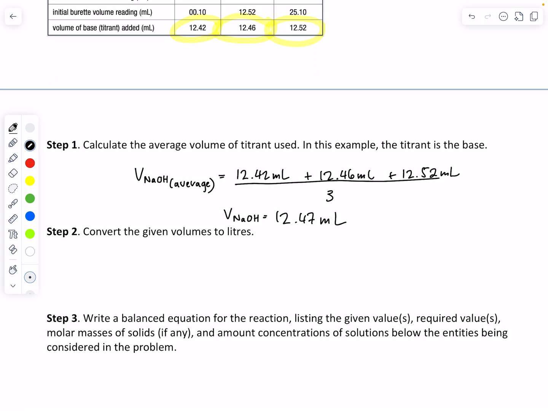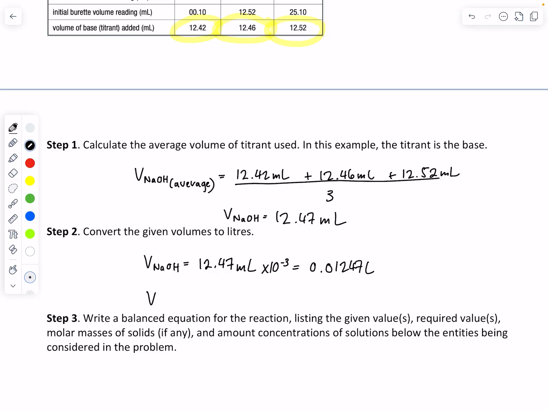Now we want to convert the given volumes to liters. The volume of sodium hydroxide is 12.47 milliliters times 10 to the power of -3, we end up with 0.01247 liters of sodium hydroxide.